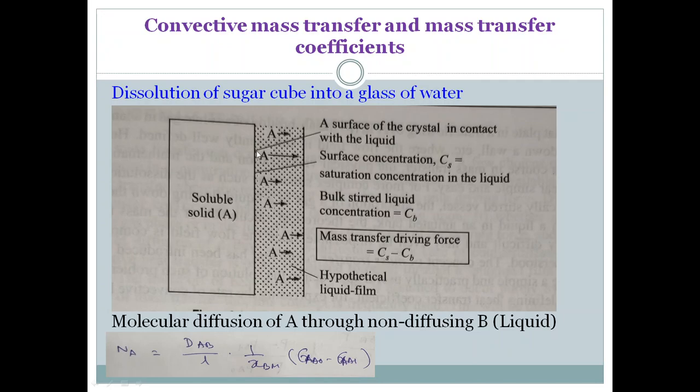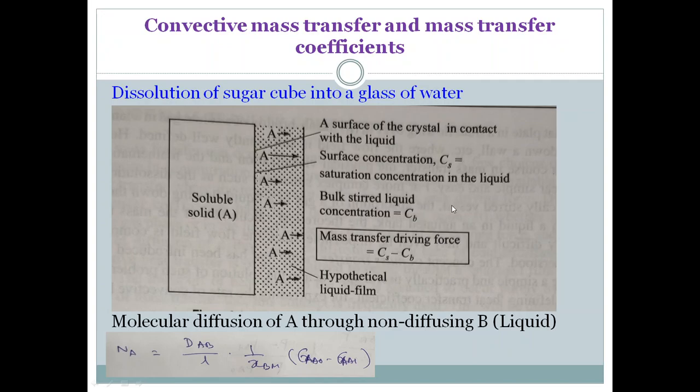So the boundary layer will form, this is the surface of the crystal in contact with liquid, and here is the surface concentration of the soluble solid A, that is the sugar cube. This is the surface concentration, and this is the bulk concentration. So the mass transfer driving force will be Cs minus Cb, and the surface concentration will be the saturation concentration of the liquid.